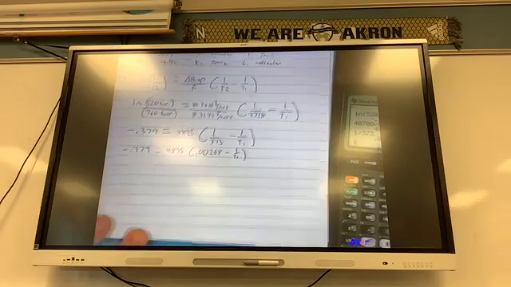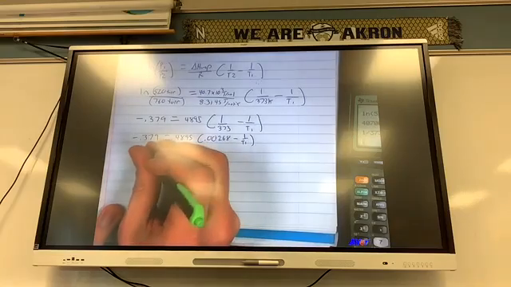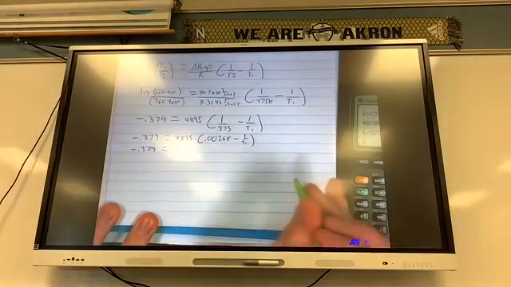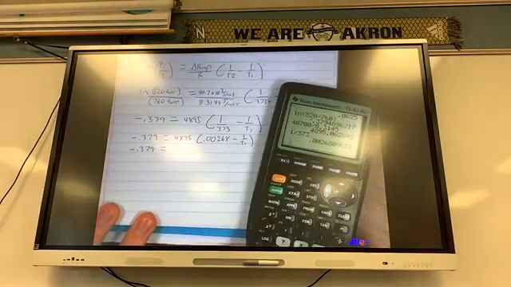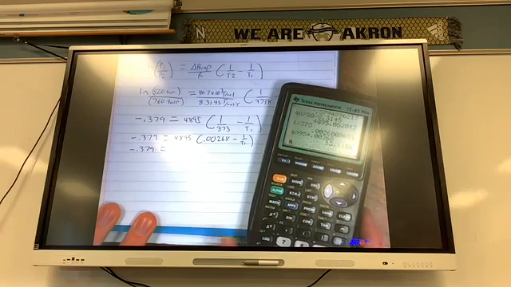Well, let me keep going this way, old school. Negative 0.379 equals, I need to multiply those together, 4895 times 0.00268. I'm distributing now.